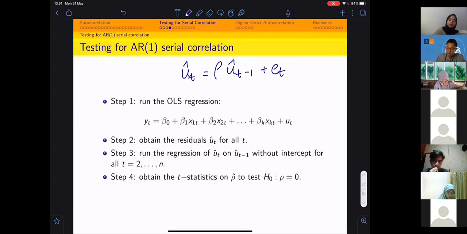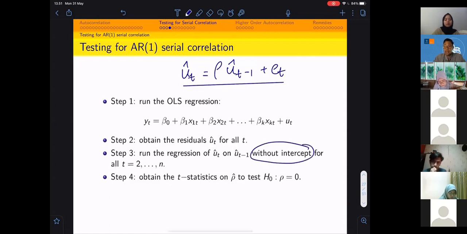Recall that in this particular regression specification, there is no intercept. So when you do your regression in Stata, you want to ensure that you have the no constant option turned on.